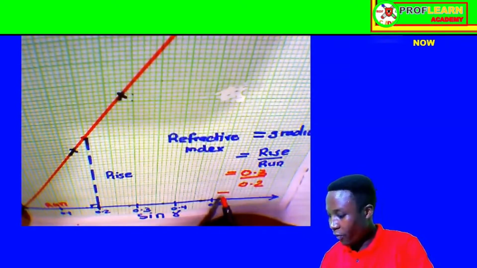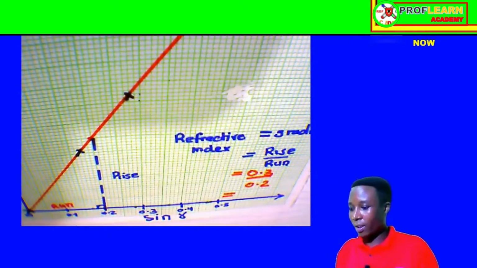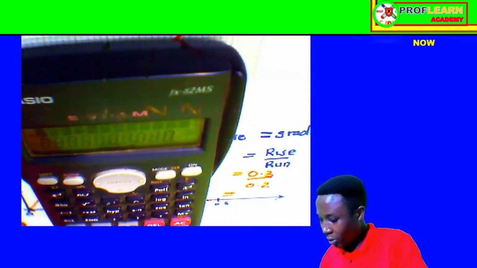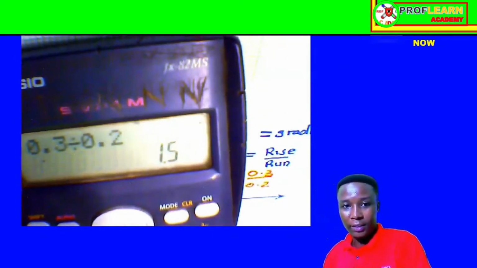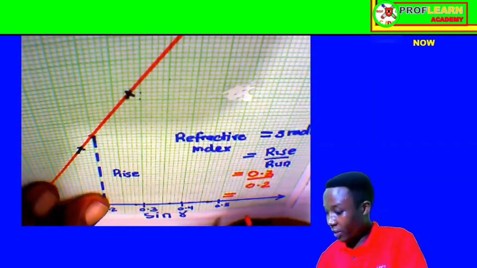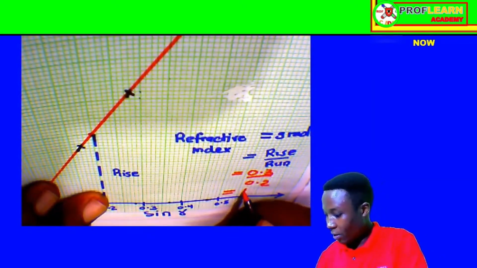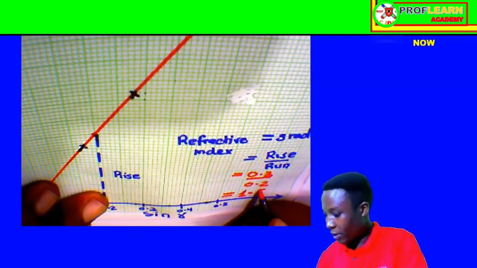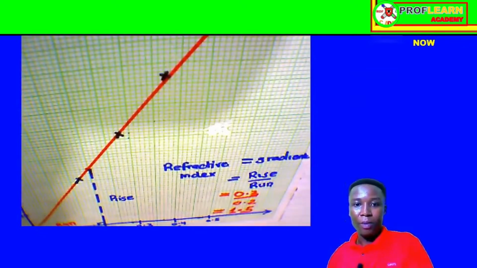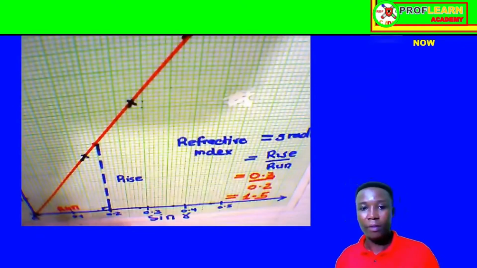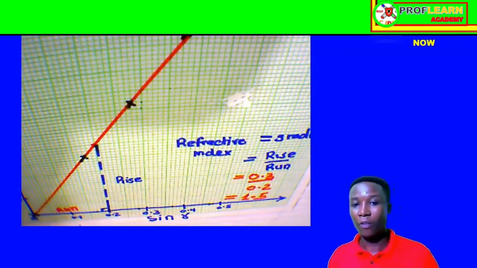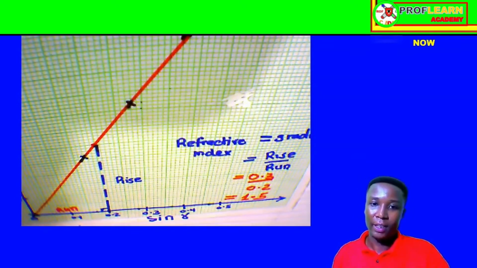If we work that out using our calculator, 0.3 divided by 0.2, you can see the answer we are getting is the refractive index of glass, which is 1.5. And remember, we said that the refractive index has no units because it's just a ratio of the sine of I and the sine of R.